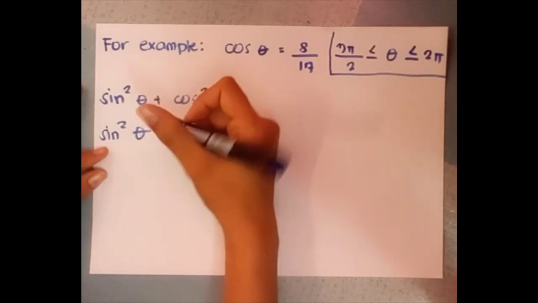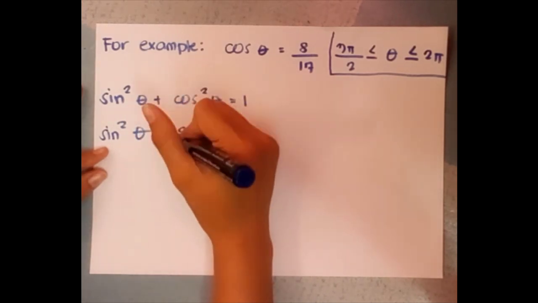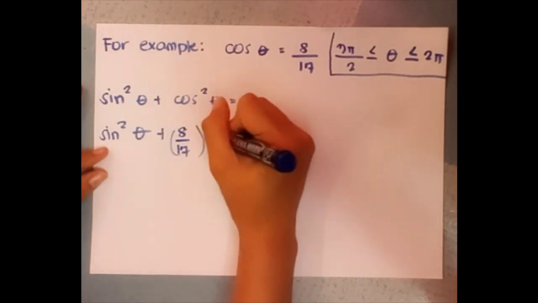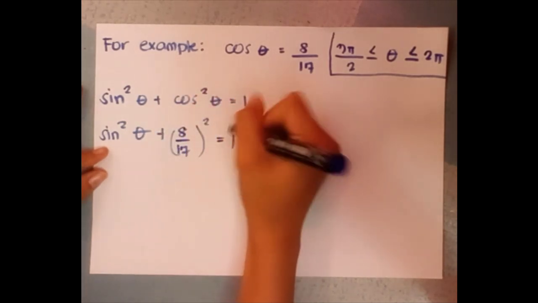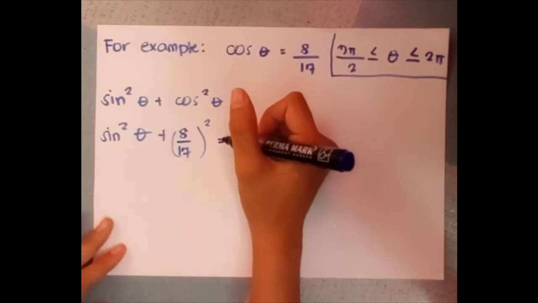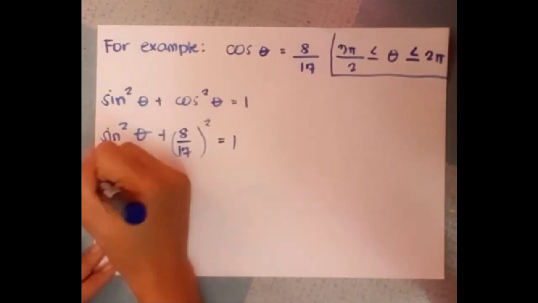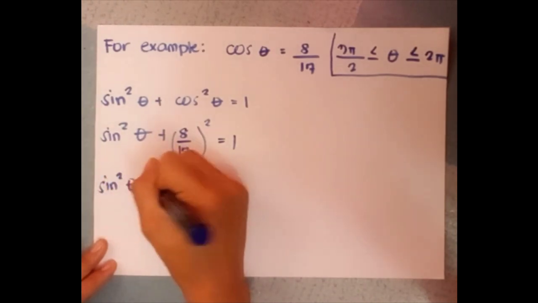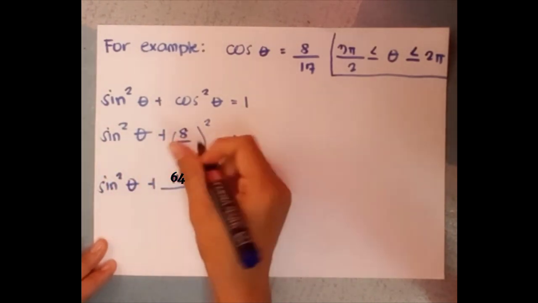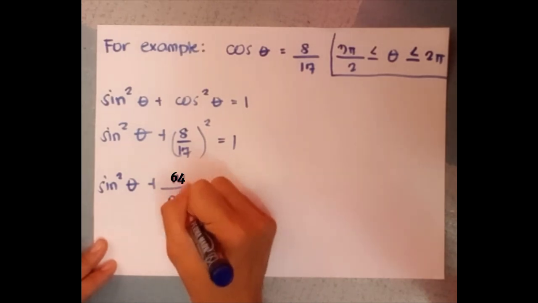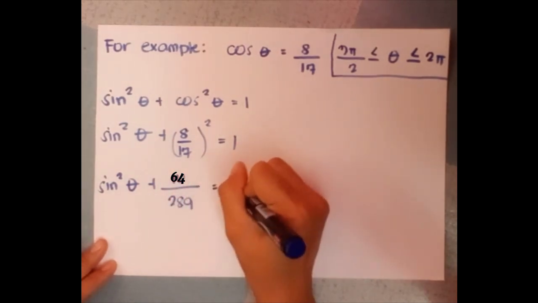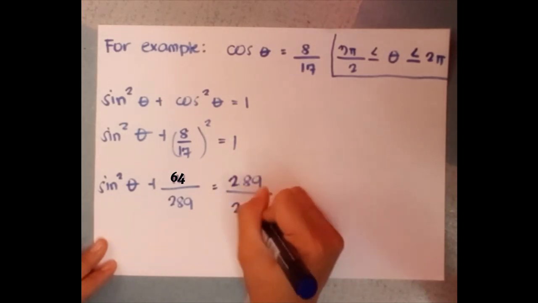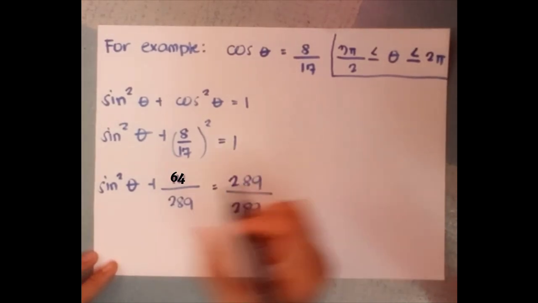Sine squared plus the value of cosine, which is 8 over 17 squared, equals 1. Sine squared plus 8 squared is 64, then 17 squared is 289. 1 times 289 over 289.